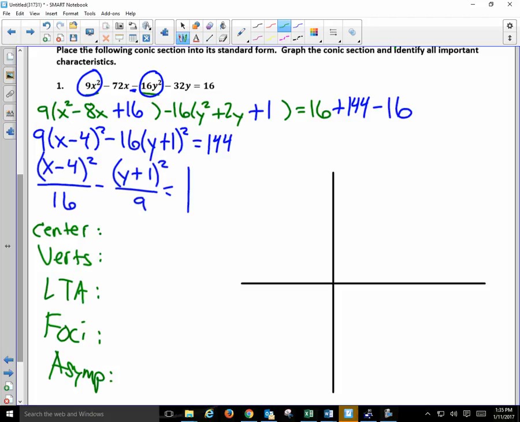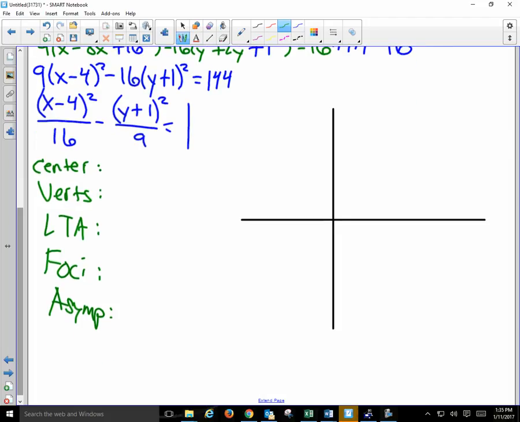All right, what's the center? 4, negative 1. So let's plot that and make our tangent rectangle. I'm going to go 8 by 8 here.